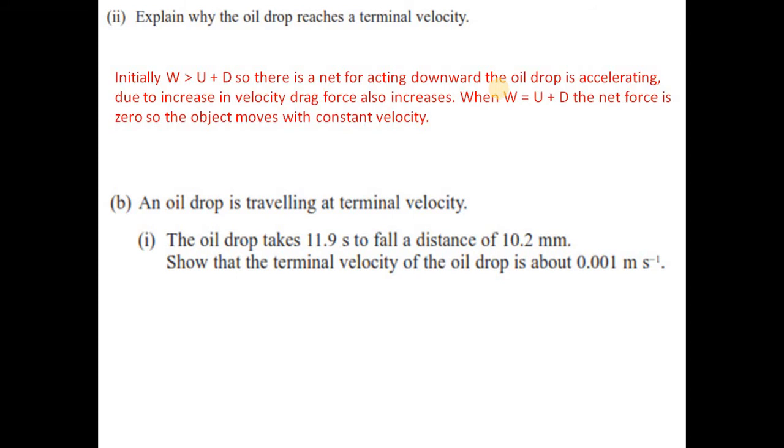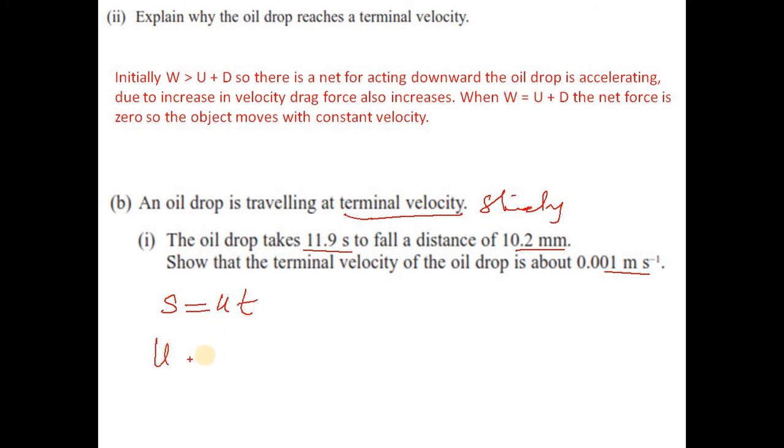An oil drop is traveling at a terminal velocity. The oil drop takes 11.9 seconds to fall a distance of 10.2 millimeter. Show that the terminal velocity is about 0.001 meter per second. So the oil drop is traveling at terminal velocity. That means it's a steady or constant speed. That means we can use s equal to ut.